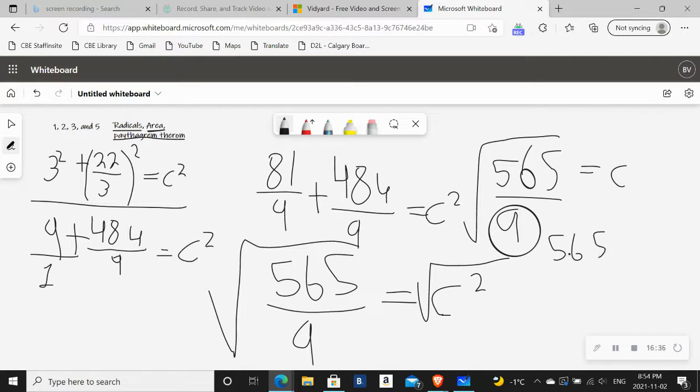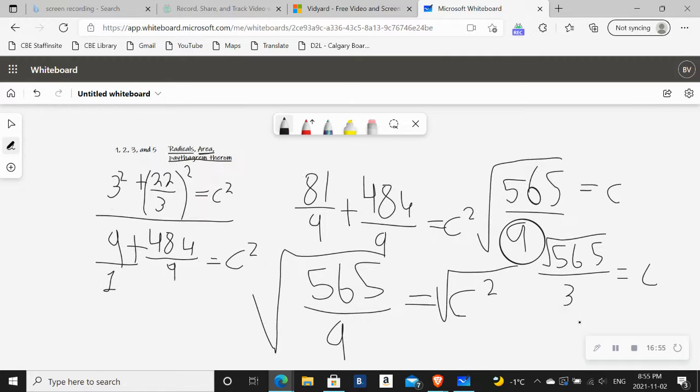It doesn't need to be touched at all. And so we just have the square root on the numerator, because that's allowed, and we'd have 3, because the square root of 9 is 3, and that equals c.